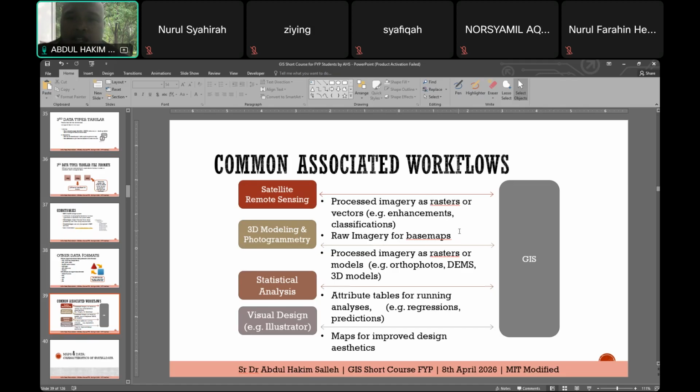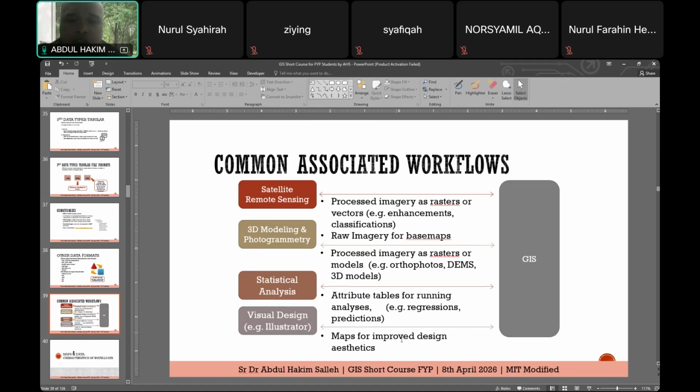Later we will touch on what a base map is. Next, it can process imagery as rasters or models like DEMs, which can produce 3D data, a 3D representation. Next are the attribute tables for running analysis, especially statistical analysis.